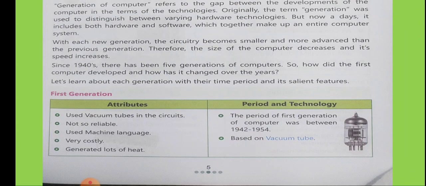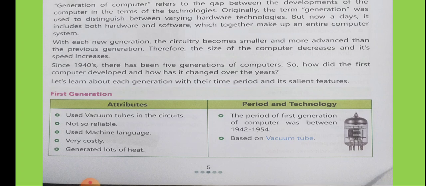Means हम कंप्यूटर के साथ कम्युनिकेट करने के लिए जो लैंग्वेज यूज़ करते थे वो हमारी मशीन लैंग्वेज थी. एंड दीज कंप्यूटर्स आर वेरी कॉस्टली एंड दे ऑल्सो जनरेट लॉट्स ऑफ हीट. वाई? बिकॉज देयर साइज इज़ वेरी लार्ज. बहुत बड़ा साइज़ होता था उनका, और उसमें हम वैक्यूम ट्यूब्स यूज़ करते थे, वो हमारे रिलायबल नहीं थे. ठीक है, and as they generate lots of heat, they required air conditioners, and as the size is also very large, they are also not portable.